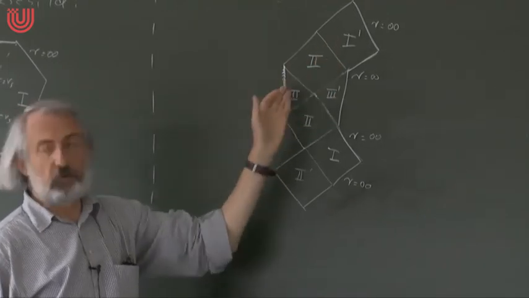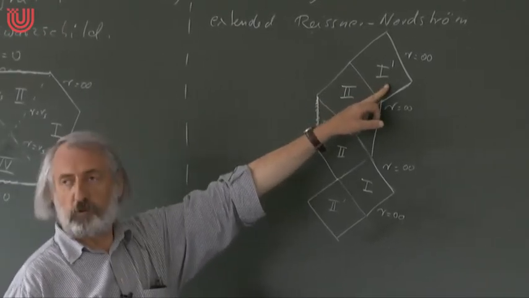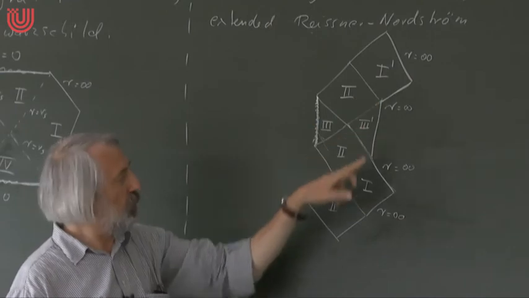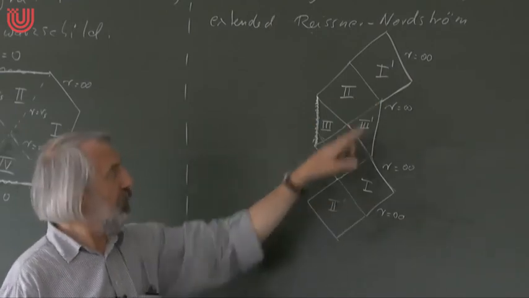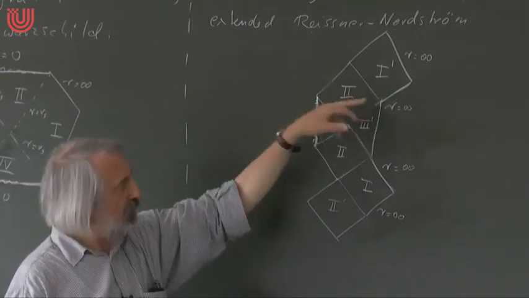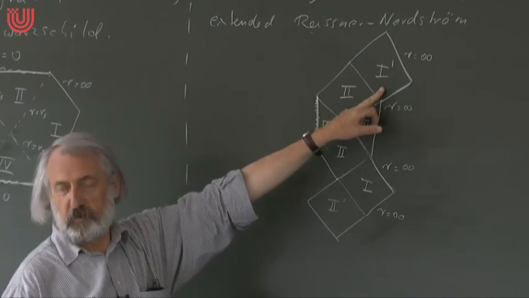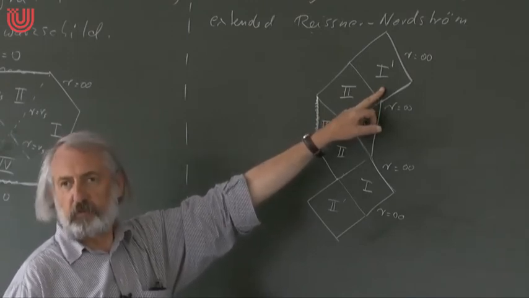Here I cannot stand still at a particular r coordinate, and I end up in an asymptotically flat region of space-time, which is quite similar to the one I started with. It's not the same. So all my friends are here. Now I am here. Yeah? But as far as the space-time geometry is concerned, it looks exactly the same as the space-time I started from.